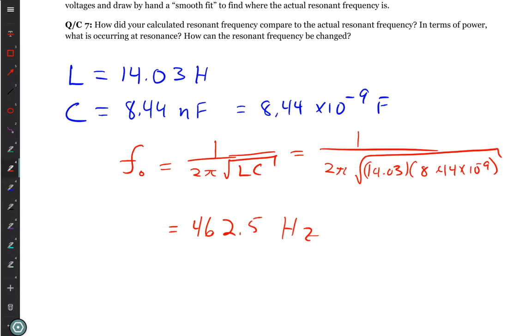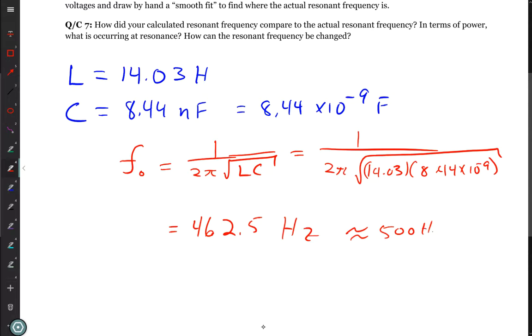So what I'm going to do is take this number and round this to something that's kind of an even number. So I'm going to round it to 500. It's not exactly 500, but that's in the ballpark. So I'm going to say approximately equal to 500 hertz.